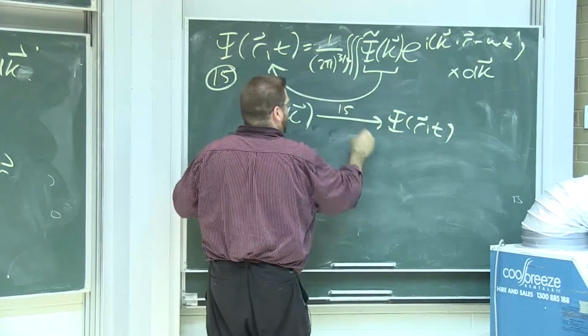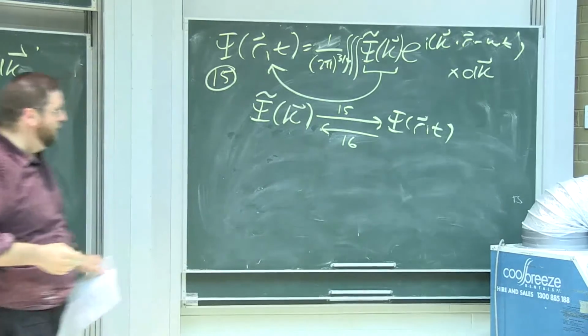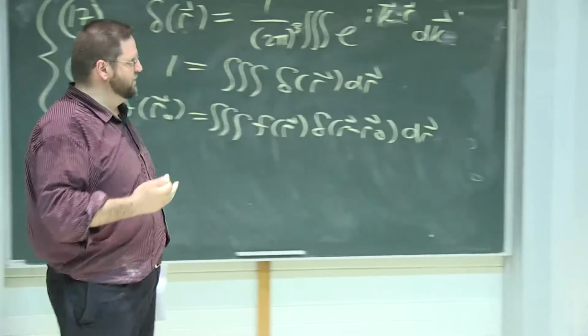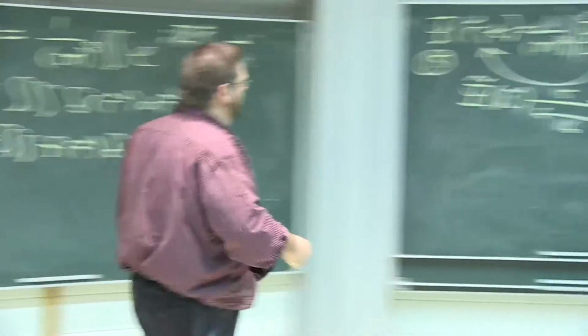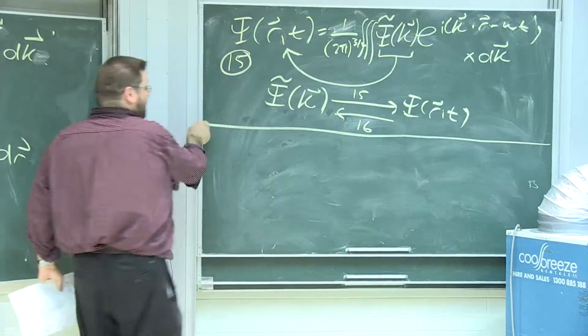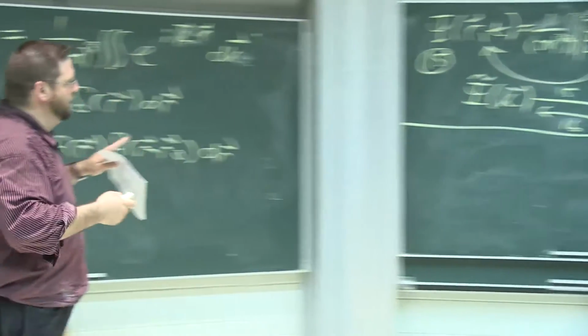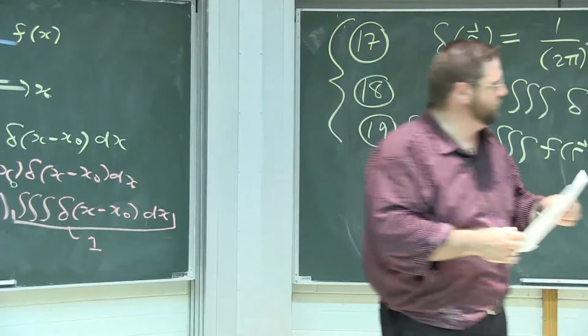We want to prove equation 16, which is how to go in the opposite direction. And this will be a challenging example of the Fourier toolkit in action in a quantum setting.